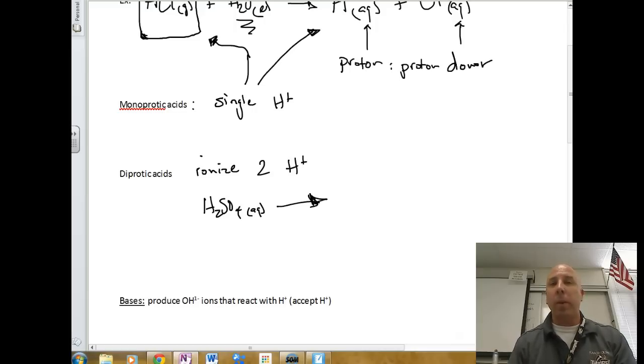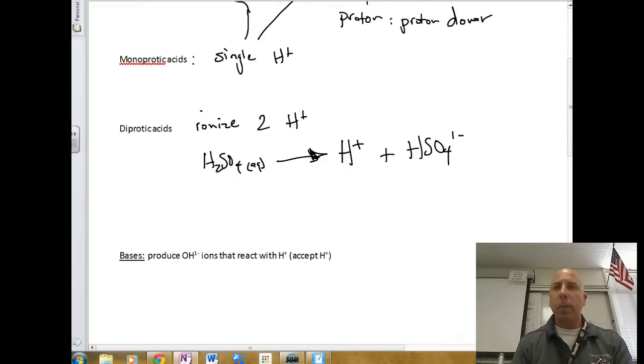You see that there's a possibility of ionizing 2 hydrogens. So you're going to have 1 hydrogen coming off, and what will be left is HSO4 with now a 1- charge. That's the first hydrogen coming off, and this will ionize completely, 100%. Complete ionization.